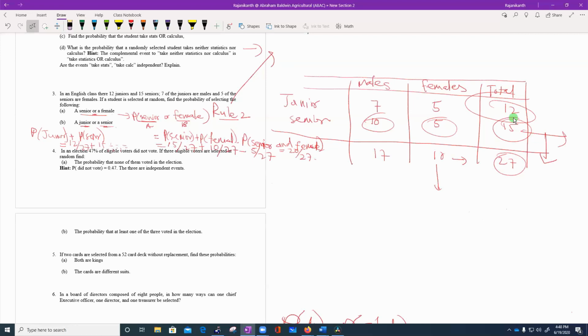Why is it 1? 12 plus 15 is 27. In practice it should be 1 because you are going into the classroom and choosing one student. Only 2 possibilities are there, either junior or senior. So the selected student for sure should be either junior or senior. You are 100% sure to get either junior or senior. That's why the probability is 1.